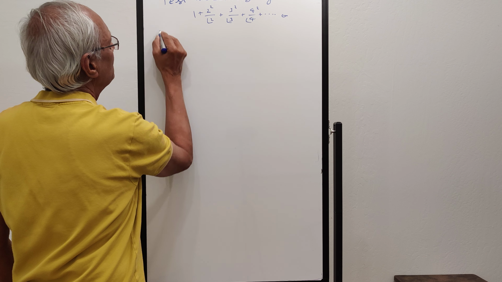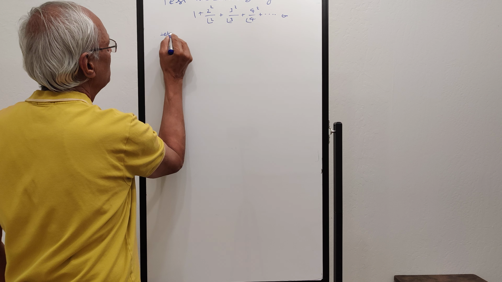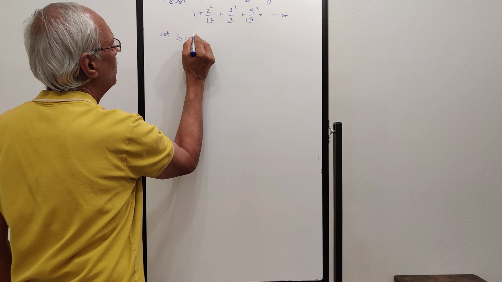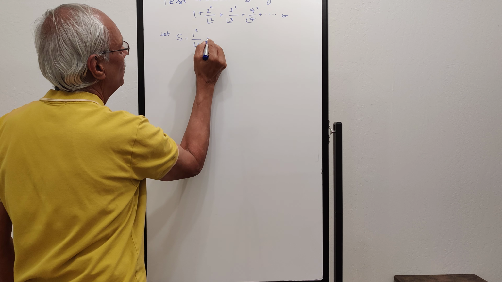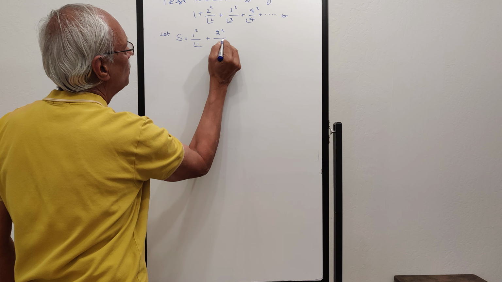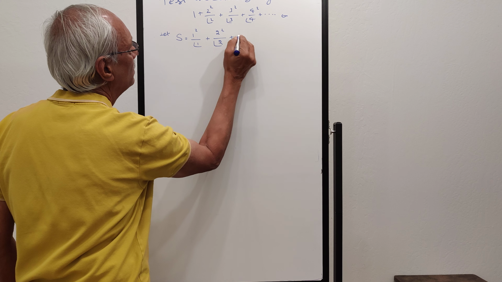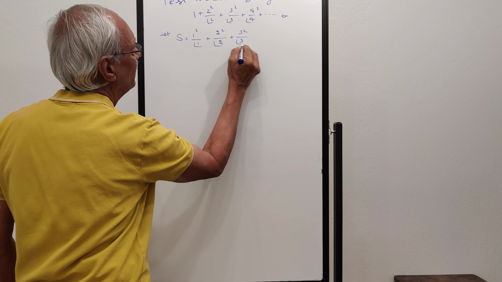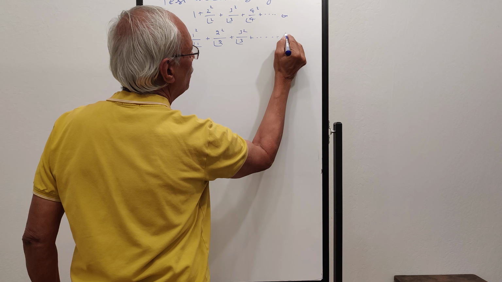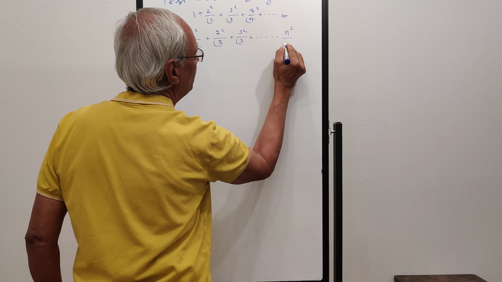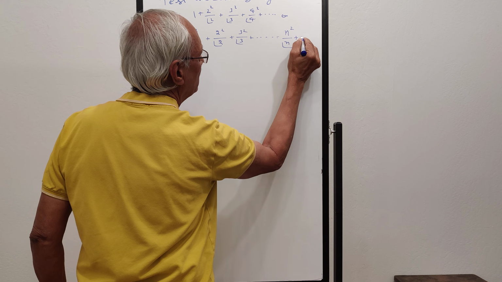Let S be equal to 1 squared by factorial 1, plus 2 squared by factorial 2, plus 3 squared by factorial 3, plus dot dot dot.